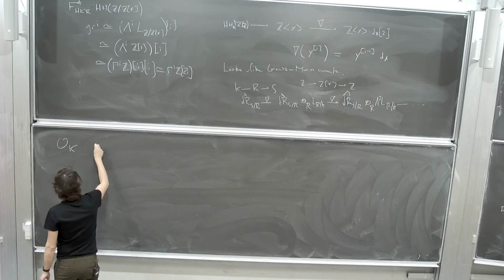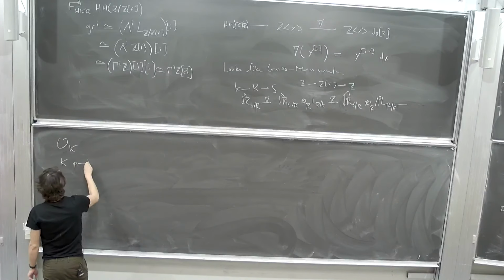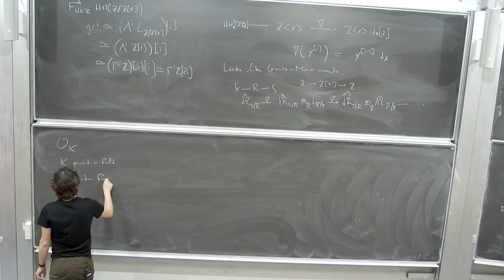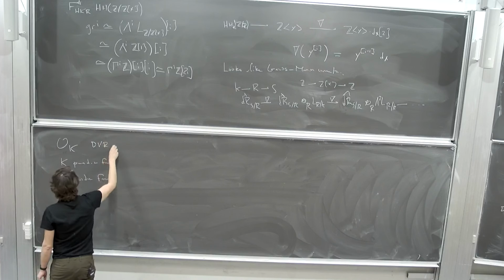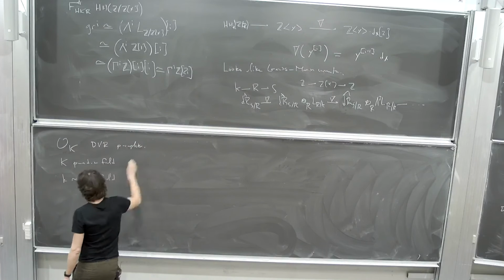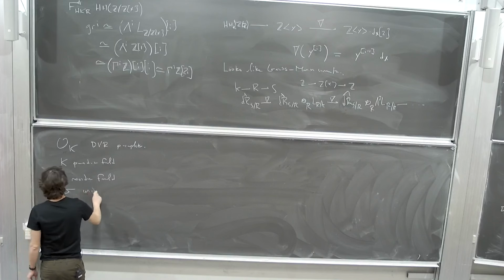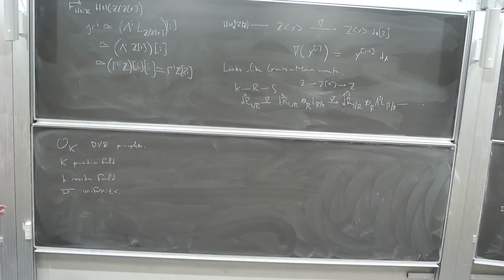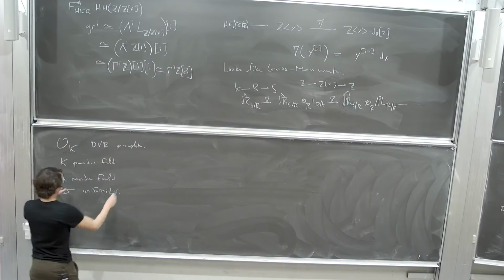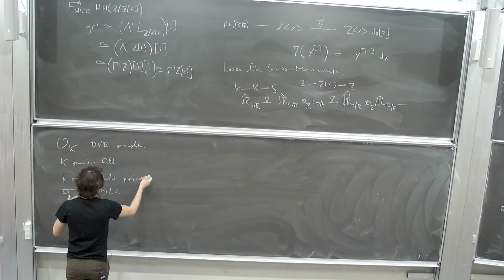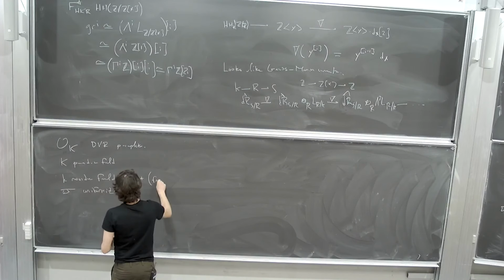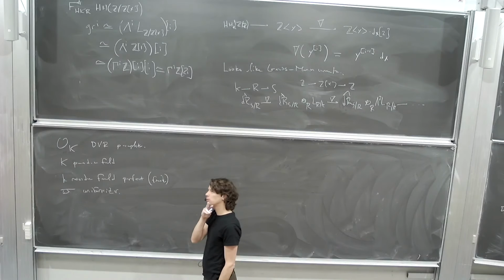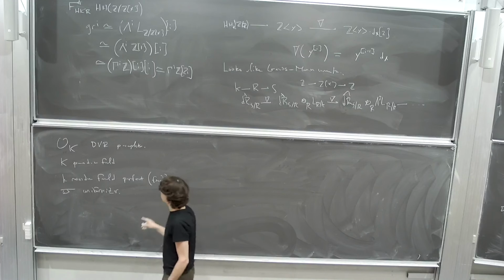So K a p-adic field, little k the residue field. This is the p-complete DVR. I'll write pi a uniformizer. And whenever you have this sort of setup, here this is perfect. It's a finite field, in fact, in the cases that I'm interested in, although maybe this isn't completely necessary for the theorems that I'm going to state.